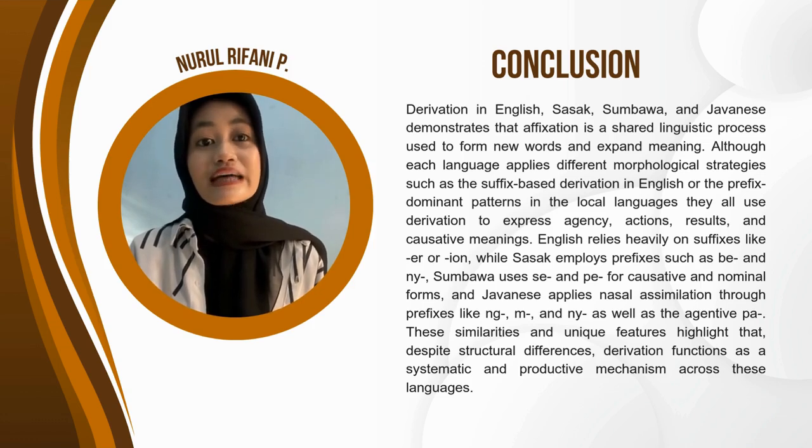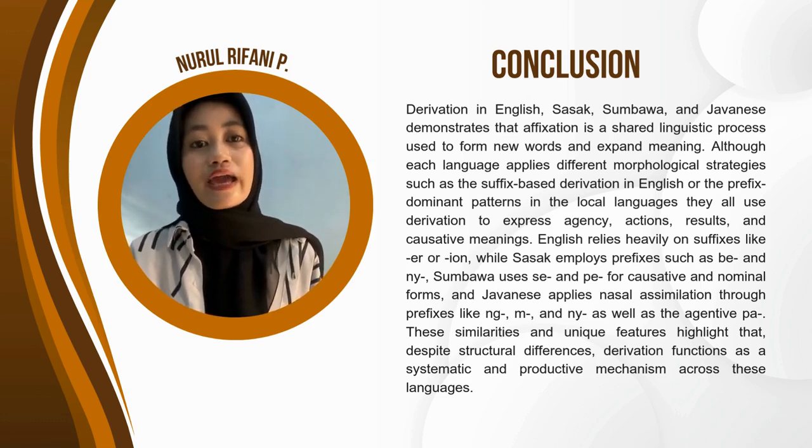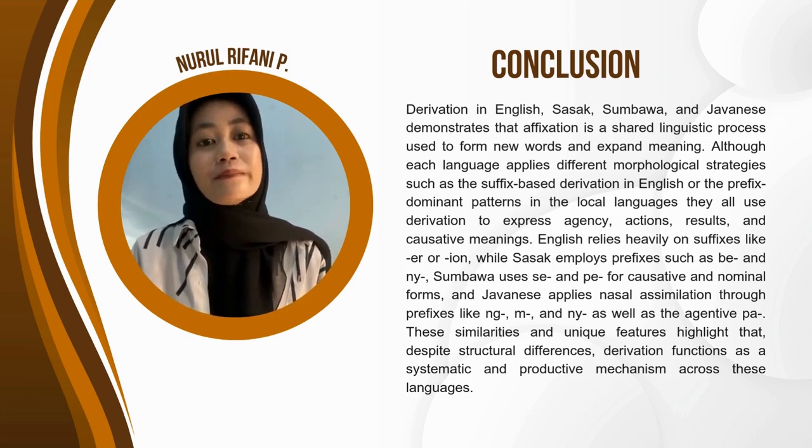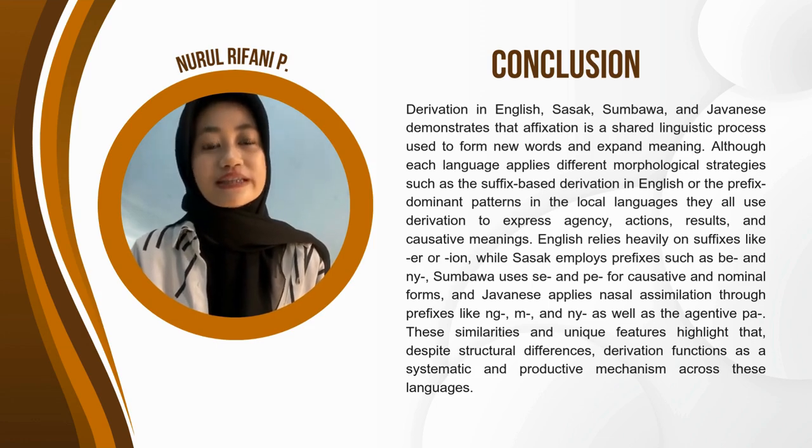English mainly uses suffixes such as er or ian to form new word classes. Meanwhile, the local languages depend more on prefixes, like Sasak, which commonly uses b and ny to form verbs. Sumbawa uses se to create causative verbs and p to form nouns.